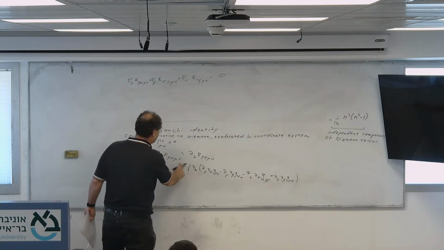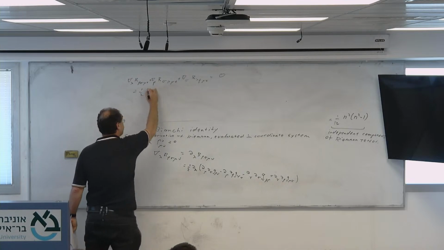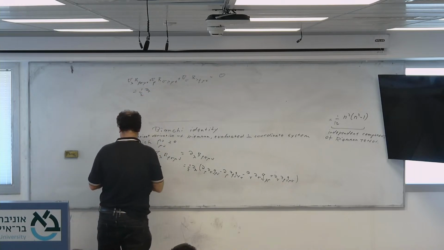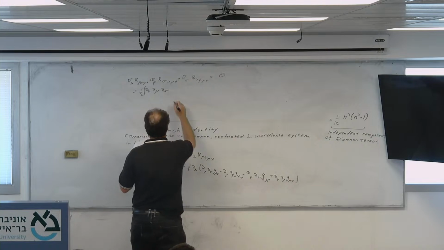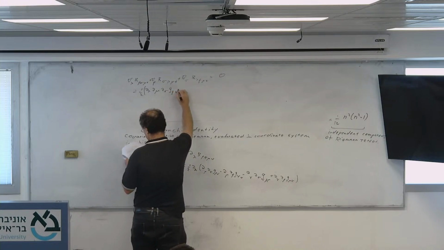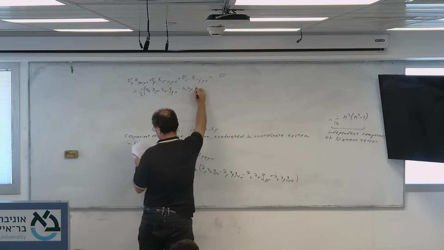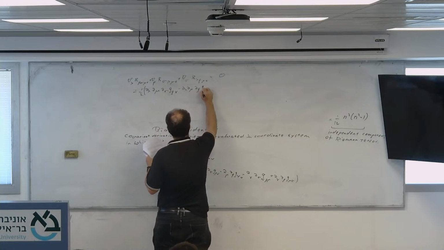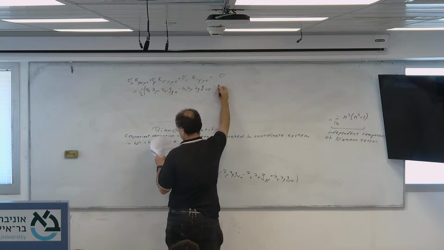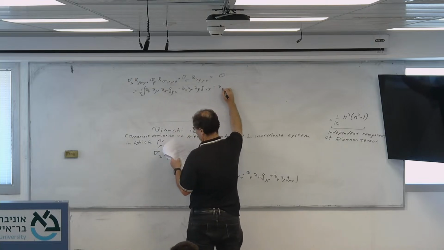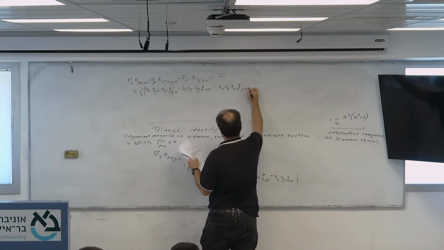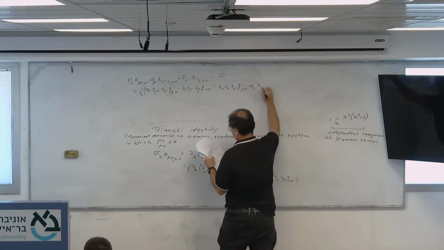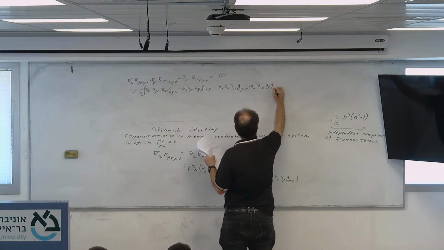So you have 1/2 d lambda d mu d sigma g rho nu minus d lambda d mu d rho g nu sigma minus d lambda d nu d sigma g rho mu plus d lambda d nu d rho g mu sigma.